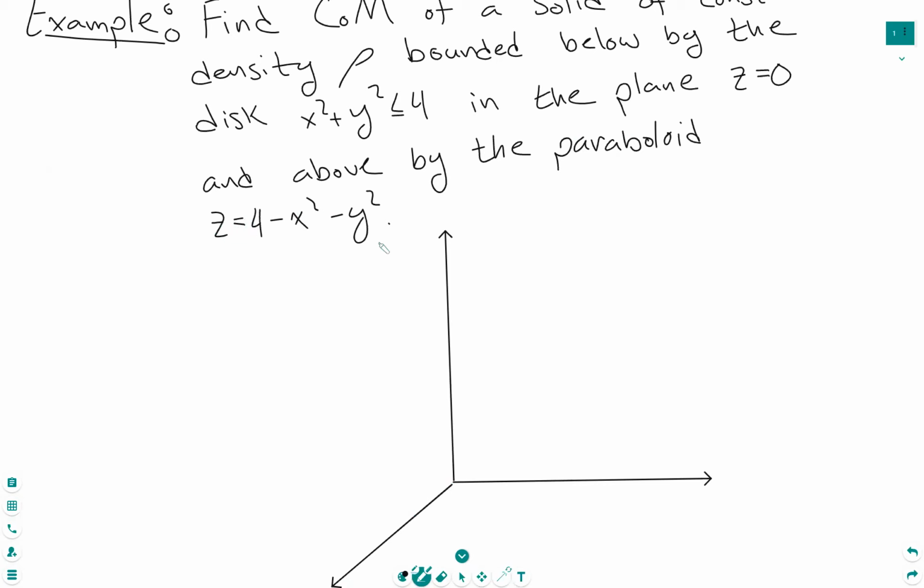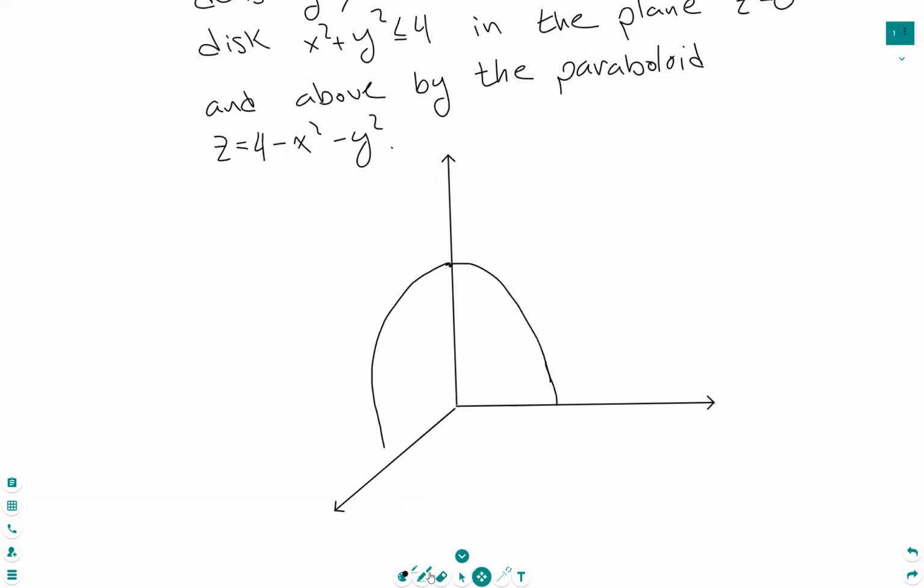So we know it opens down in the z direction, and it's going to take a maximum of 4 at the origin, and then it's going to descend from there, like a parabola. Eventually it's going to hit the xy plane, or the z equals 0 plane, and it's bounded below by some disk.